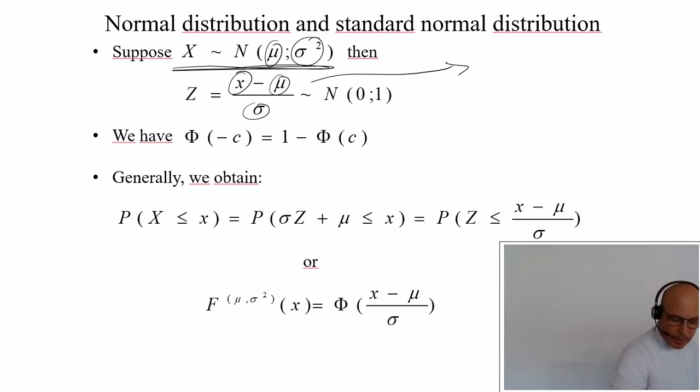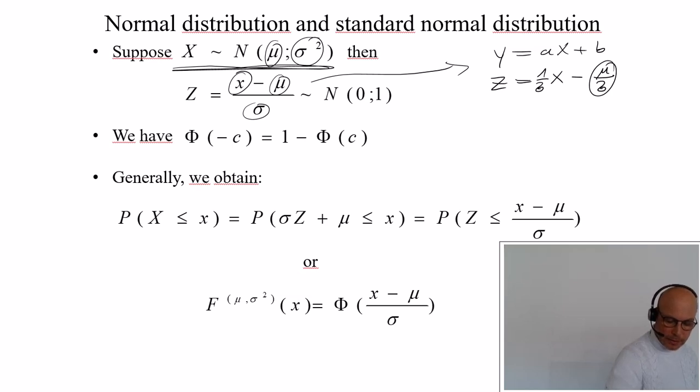Well, if we say y is ax plus b, as we have done in the introduction, then here z equals 1 over sigma times x minus mu over sigma.